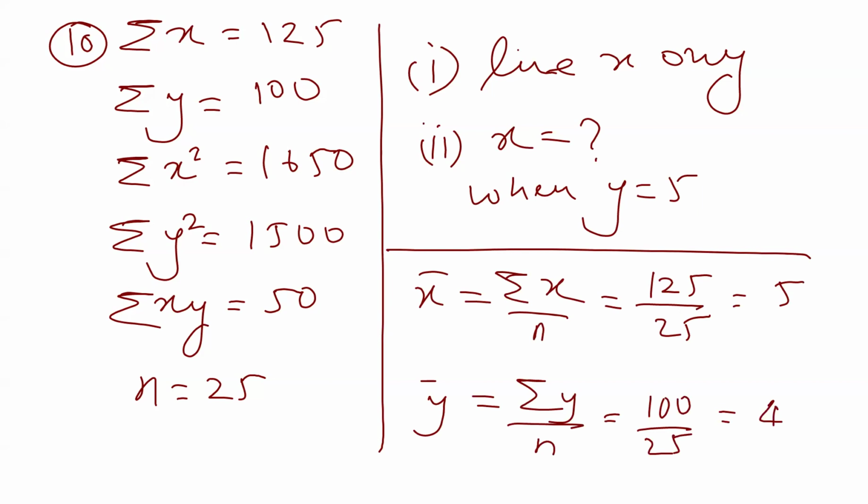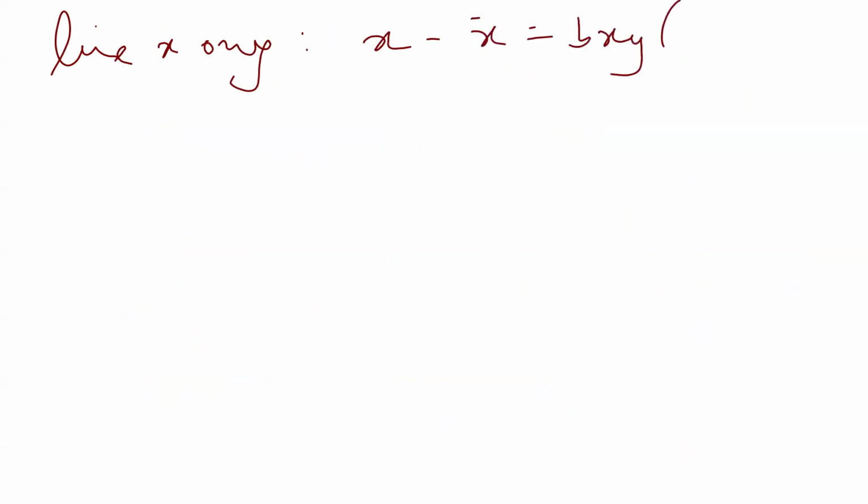X bar and y bar we have got over here. Now line x on y: x minus x bar equals bxy times y minus y bar. This is your line. Let it be equation number 1.